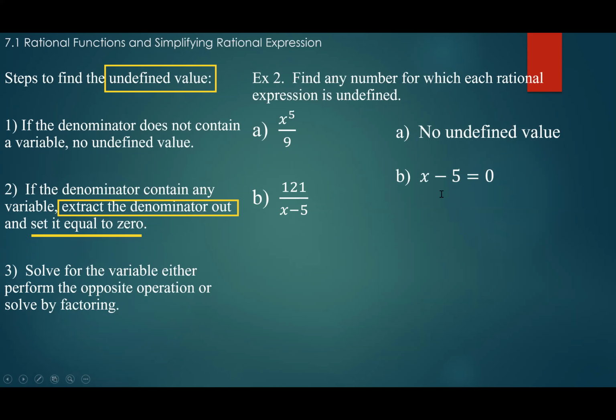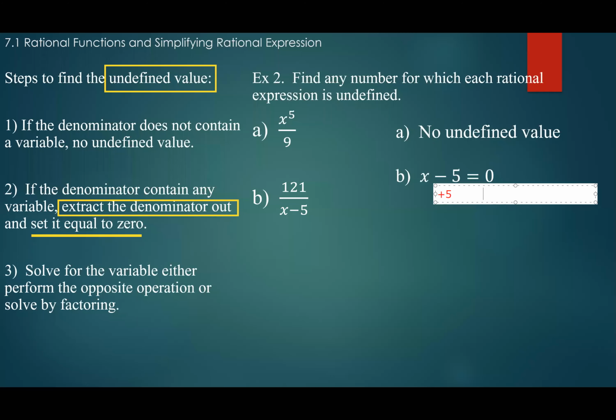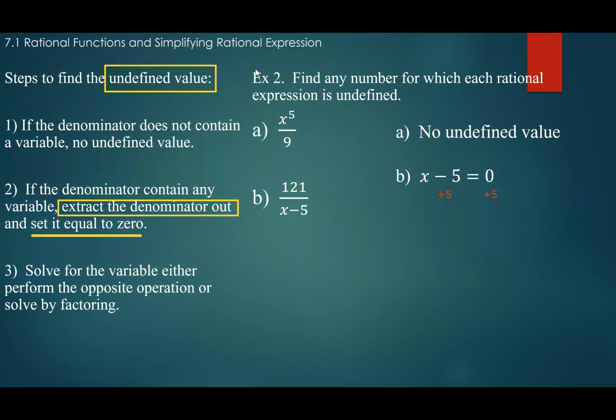Well, if you have x minus 5, do you agree that you need to add 5 on this side? And if you add 5 on one side, you need to add 5 on the other side, right? Because -5 and +5 cancel out. And if they cancel out, what do we have? Well, the answer will be x is equal to 5. So this number right here, x equal to 5, is your undefined value.